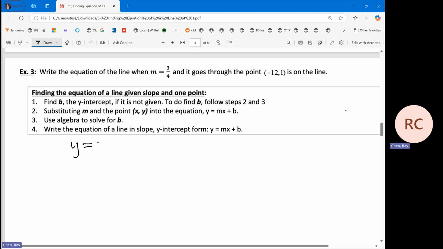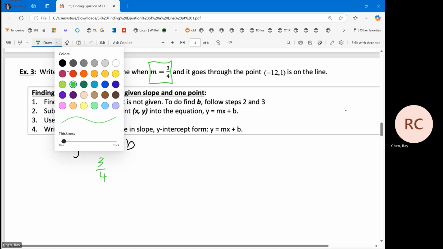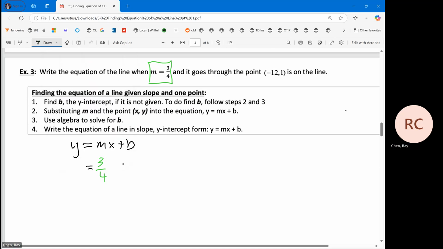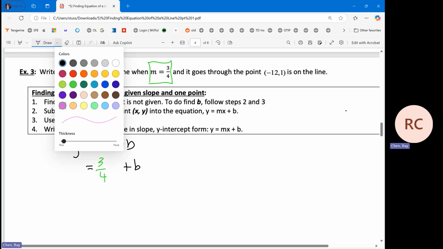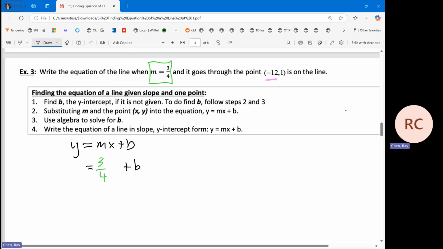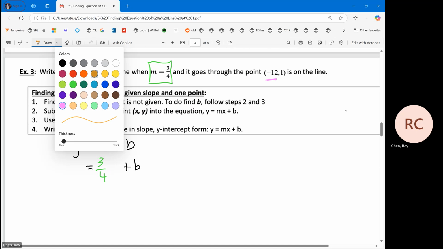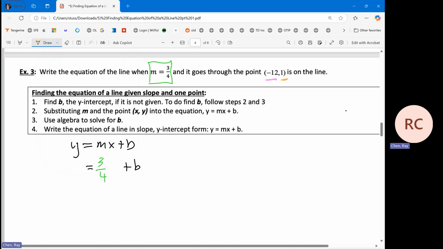Here we go. Start off with the equation of y equals mx+b. I'm going to use color so people can see. The slope is 3/4, so we're going to sub that in. But notice our x value is -12 and our y value is 1.